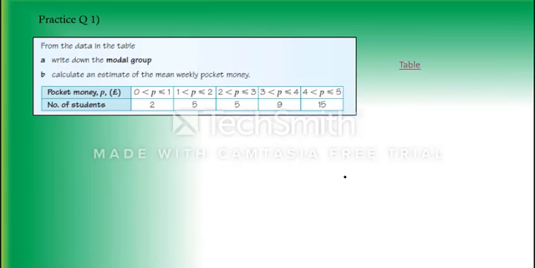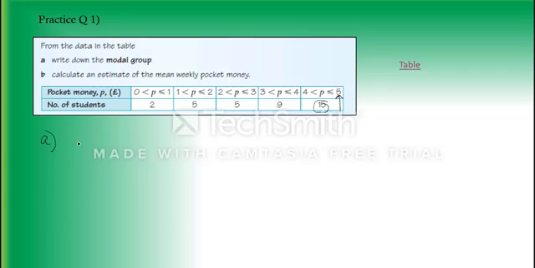Alright, so let us look at the first practice question over here. We have a table of values, and for the first part of data we need to find out the modal group. What we have over here is the amount of pocket money which has been given to different students, and the second row gives us the number of students who get that pocket money. Answering the first part of the question is fairly simple. All we need to do is run down the row of the frequency values, find out the maximum frequency, which is 15, and the data interval.